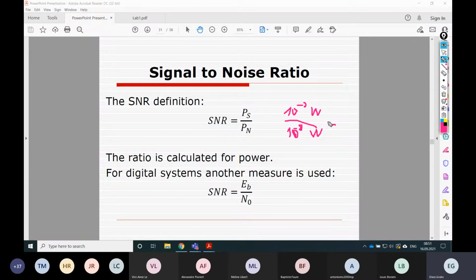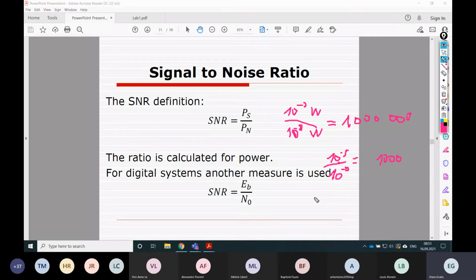And therefore after this calculation, the signal to noise ratio is 1 million, without dimensions. For another experiment, the signal can be much weaker, for example 10 to the power of minus 5. The noise is the same, and we'll have 1000.